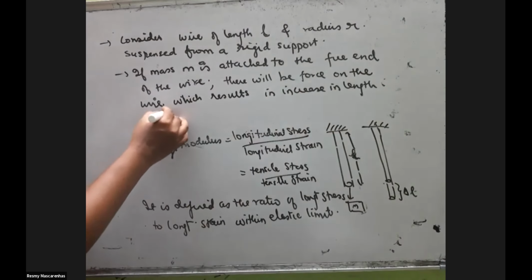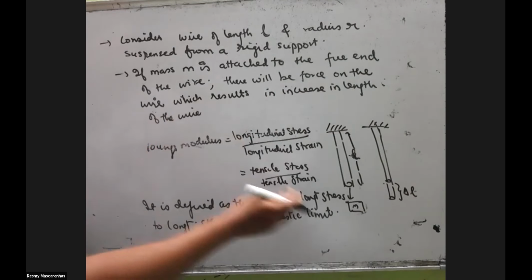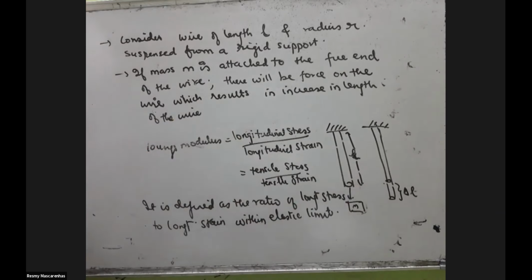This you can extract in your own words. So a block of mass M is attached to the wire, there will be some force acting on the wire, so it will get pulled and its length will increase.